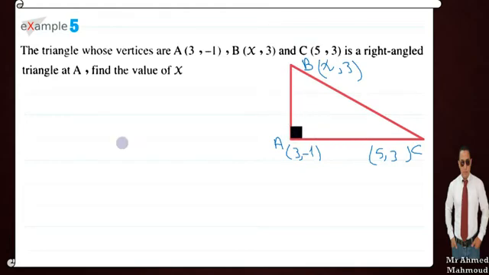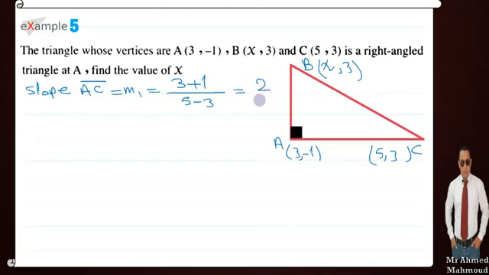First, slope AC, and I call it m1, equals 3 plus 1 over 5 minus 3, which is equal to 2.